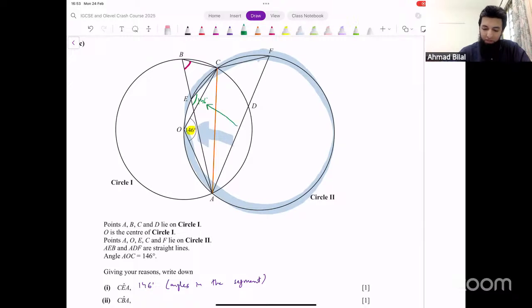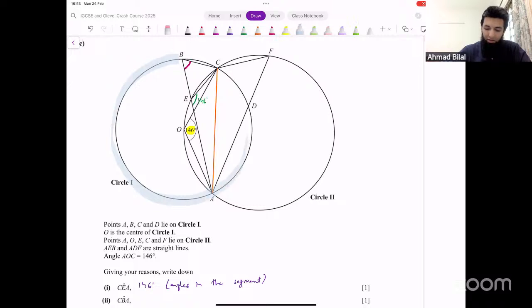And this was also at the circumference. So they were equal to each other. But now we're going in the other circle because they're asking us for the angle at this point B. B is in the circle on the left side. So now let's focus on the circle on the left side.